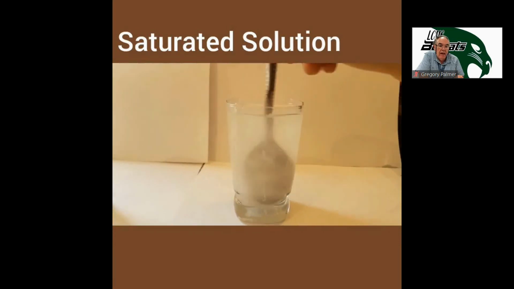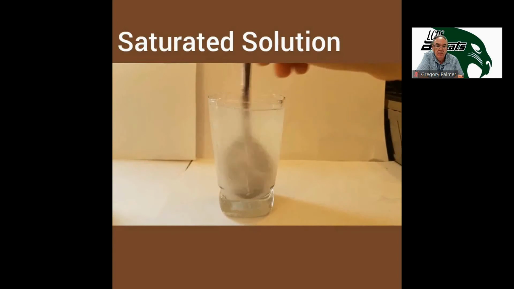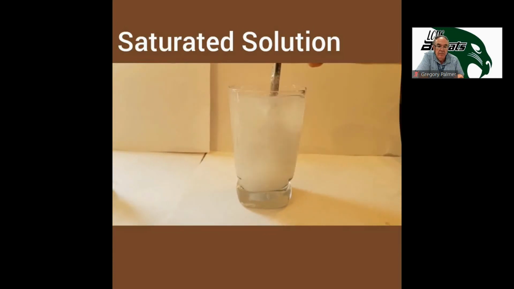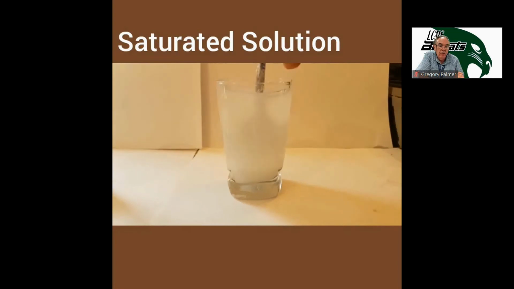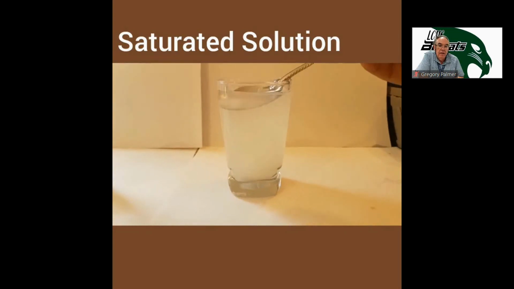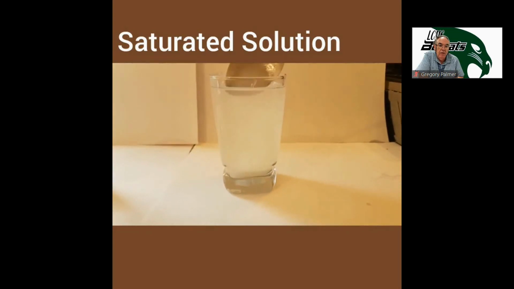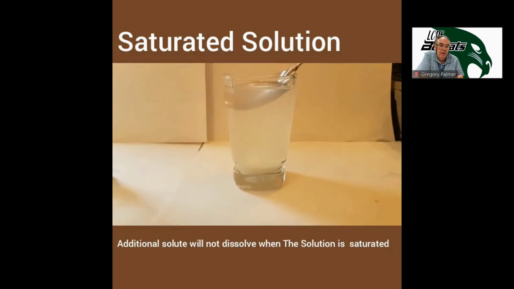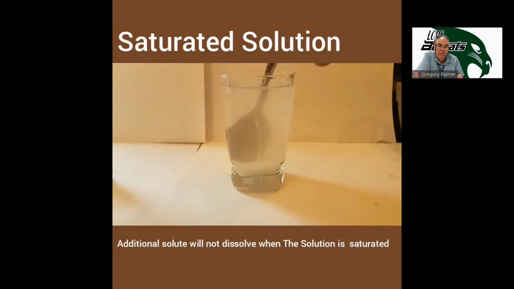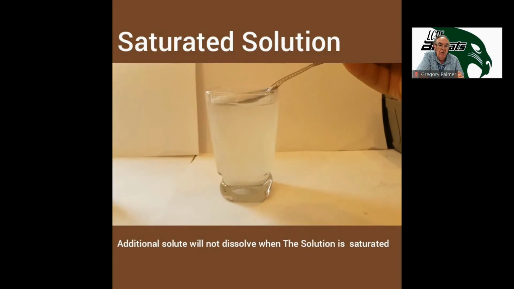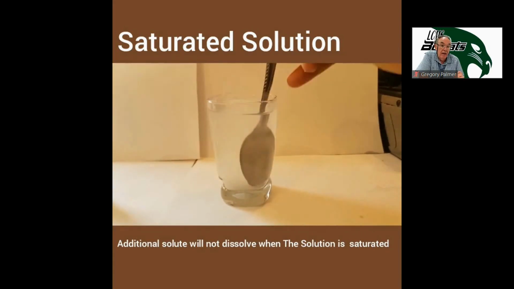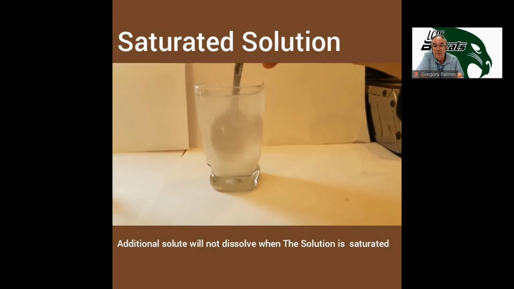So now we add more sugar. And he's stirring and stirring and stirring, and it won't all dissolve. So now the solution is saturated because it won't all dissolve. It'd also be pretty concentrated as well.